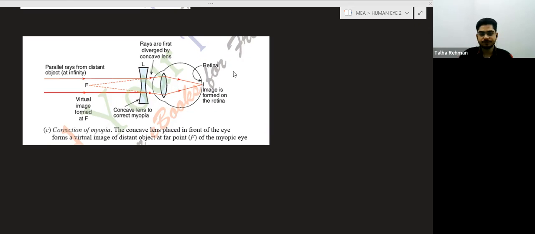So now, what is the far point for a normal person? Infinity. But the far point for a myopic eye becomes less than infinity. And what is the work of this lens? This lens forms the image of the object at the far point of the eye.